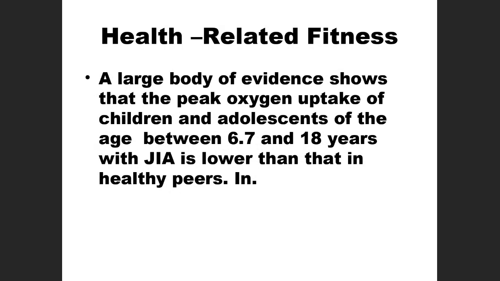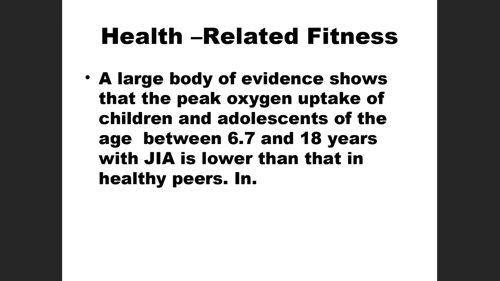That means whether you are able to walk for a longer period of time, they will be able to assess. A large body of evidence shows that peak oxygen uptake of children and adolescents between the ages of 6 to 7 years and 18 years with JIA is lower than that in healthy peers.